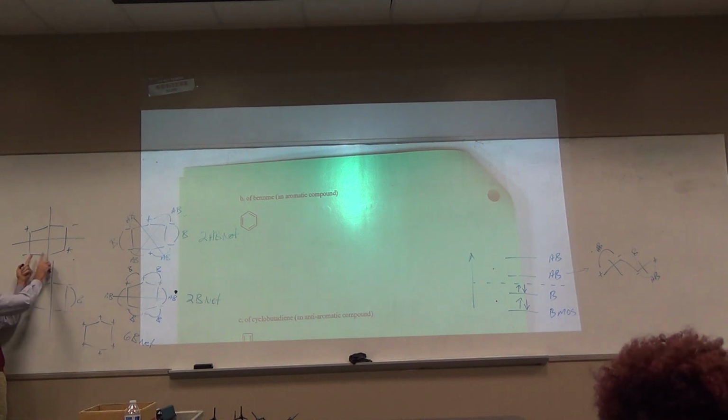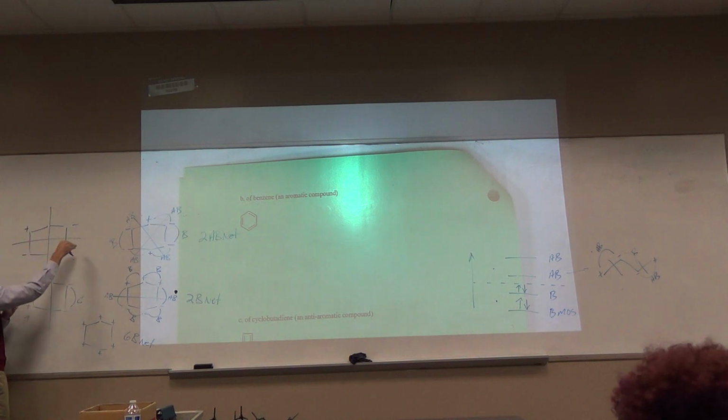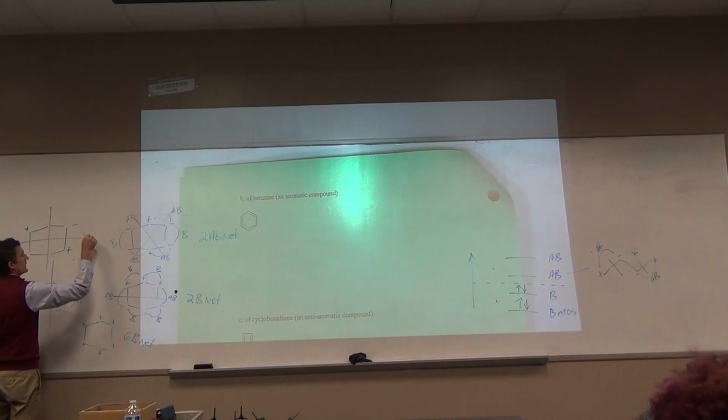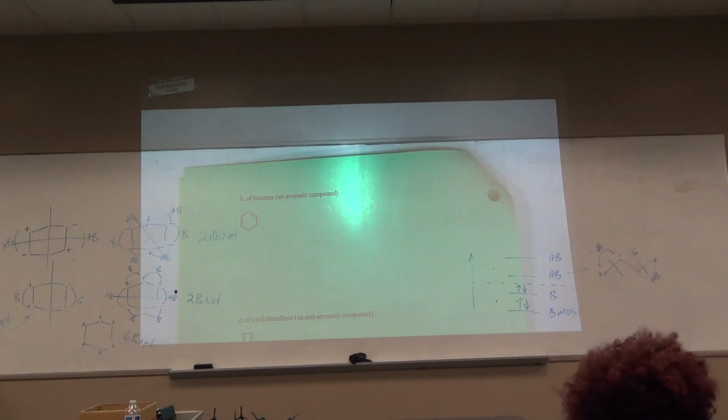These are too far apart to have any overlap. You have nodes right through 2 atoms and through here. What is this? Anti-bonding. Anti-bonding and this. Anti-bonding. Also 2 anti-bonding net. Degenerate. Same energy.